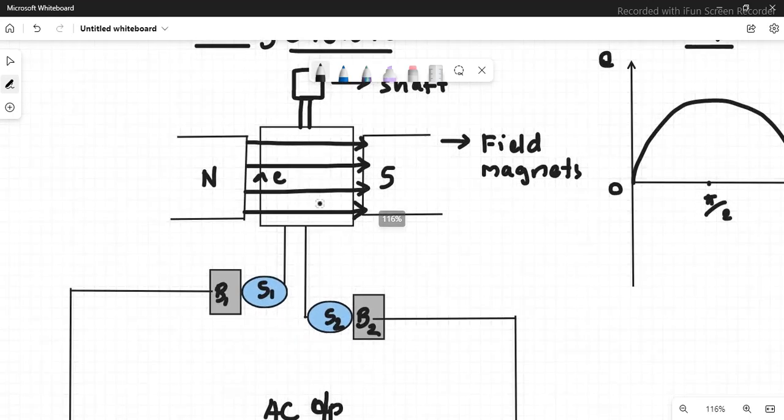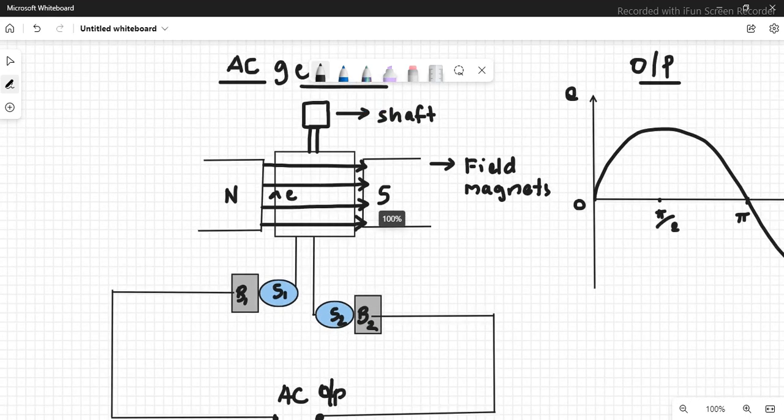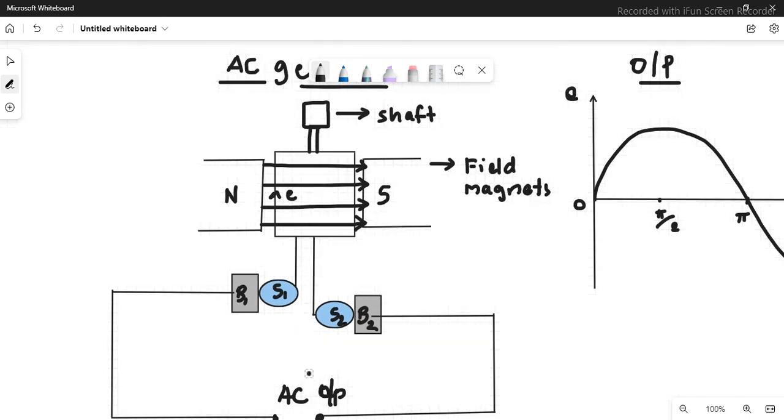Here, there is a change in magnetic flux due to the rotation of this rectangular coil, so an EMF is generated in this coil. This EMF is known as AC EMF. By using this induced EMF, the bulb or any other device connected at the output will operate.